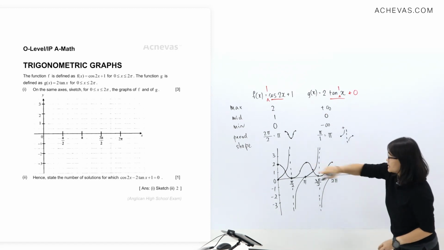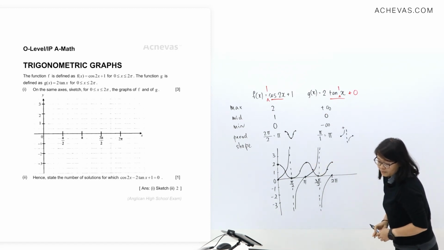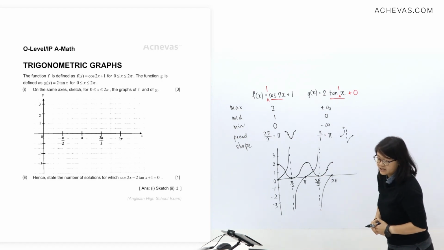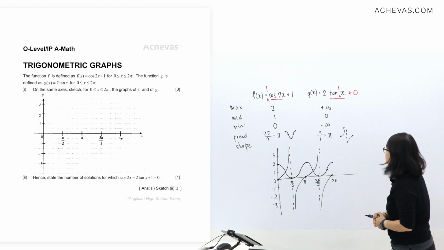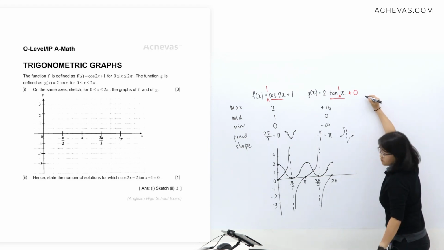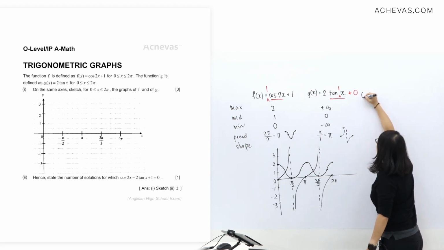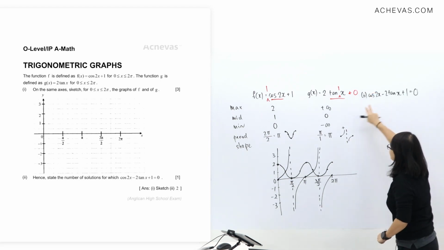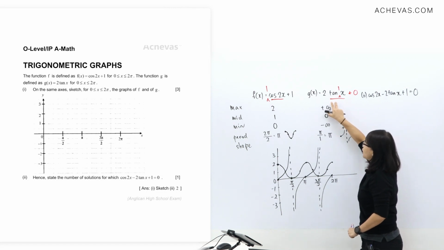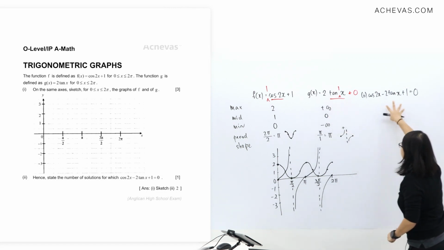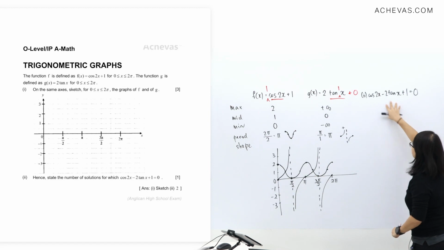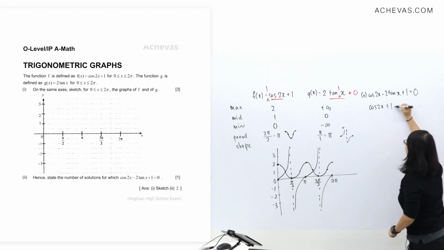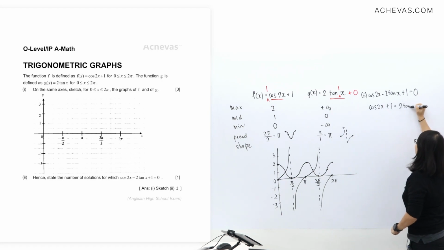Okay, now let's look at the next part of the question, where we need to state the number of solutions for which cos 2x minus 2 tangent x plus 1 equals 0. Now let's take a look at this equation over here. I will need to get this 2 tangent x on the left or on the right of this equation. So let me move it to the right hand side. So I'll have cos 2x plus 1 equals 2 tangent x.